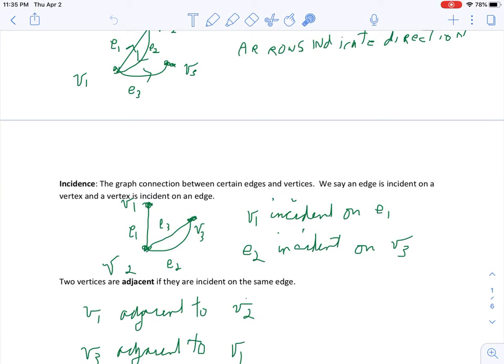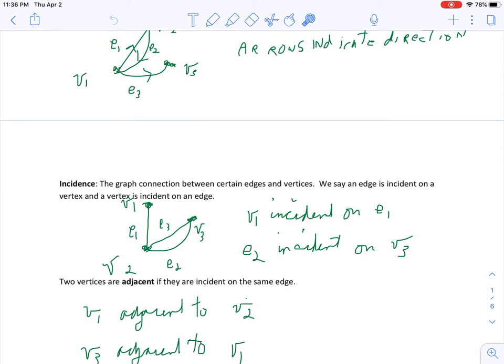We say an edge is incident on a vertex, or a vertex is incident on an edge. So if I look at this graph right here, I notice that V1 is incident on E1. That means E1 ends at V1. They touch. So that's the concept of incident.